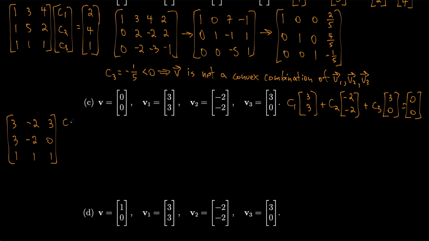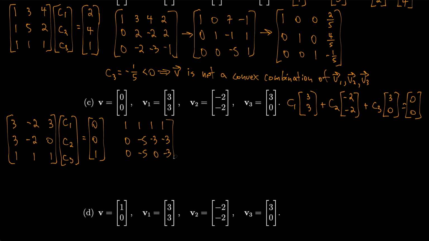Multiplying that by C1, C2, C3, and setting that equal to 0, 0, 1. So we get the reduced matrix. Let's see, 1, 1, 1 by dividing by 3 on top, and then subtracting to get 0, minus 5, minus 3, minus 3, and 0, minus 5, 0, minus 3.